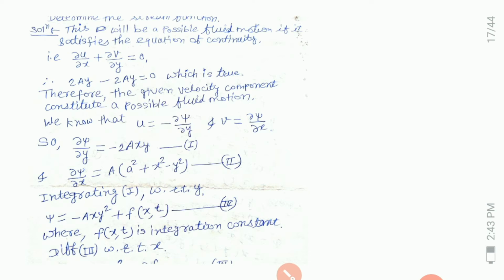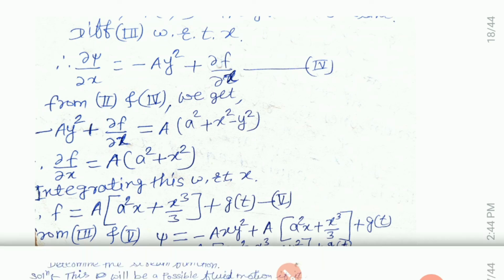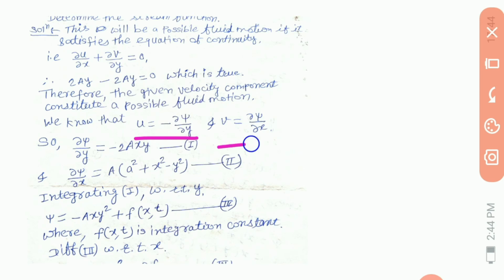We have u is equal to minus dou psi by dou y, v is equal to dou psi by dou x, and dou psi by dou y is minus 2axy.